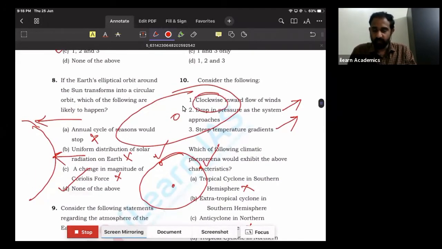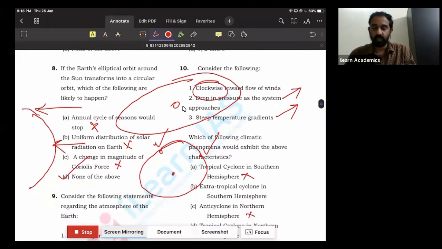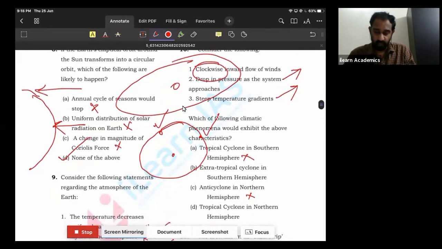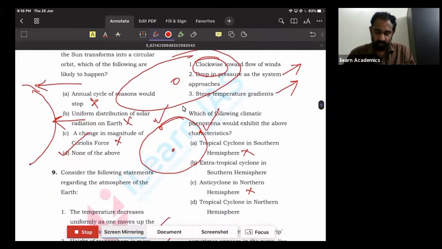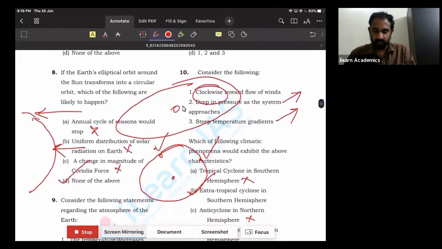Statement 1 says clockwise rotation. We know in cyclone formation, anti-clockwise rotation is associated with the northern hemisphere and clockwise rotation is associated with the southern hemisphere. So we are talking about an extratropical cyclone of the southern hemisphere. Answer is B.